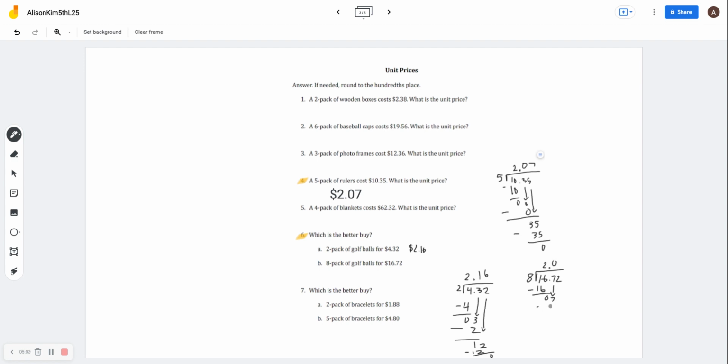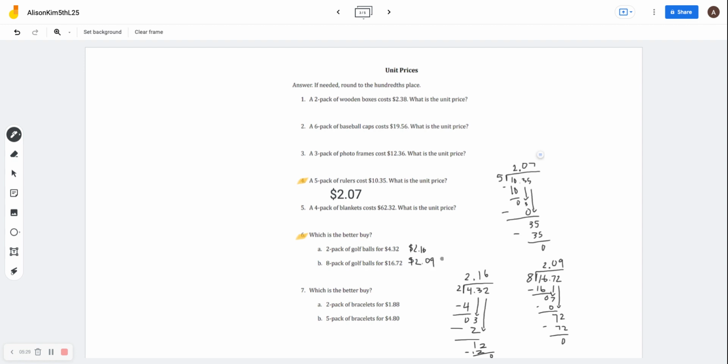And then we'll put 7 minus 0, which is 7. And then bring down our 2, and then it becomes 72. And 8 can go into 72 9 times, right? So it'll be 72 minus 72, which is 0. So for the 8 packs of golf balls that cost $16.72, the unit price would be $2.09.